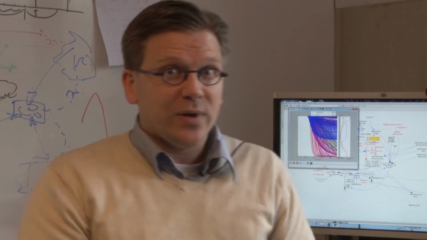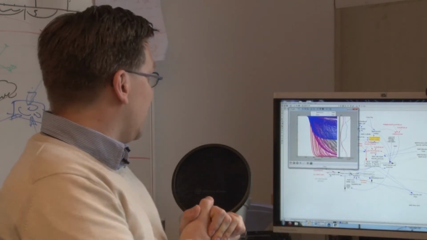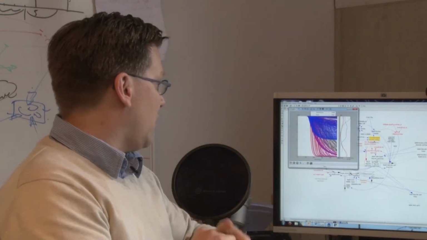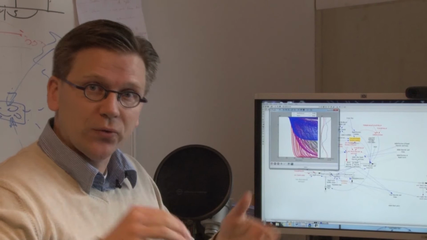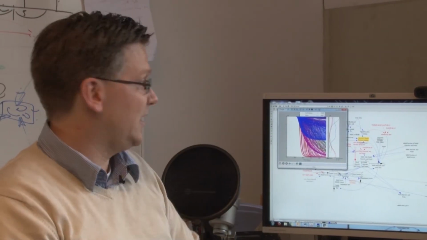Now, I can give you plenty of examples where we use this. What you see here is a causal model of a bank run, and here you see the behaviors of several of these causal models of particular types of bank runs that we simulate simultaneously.